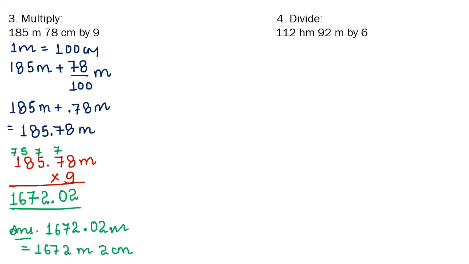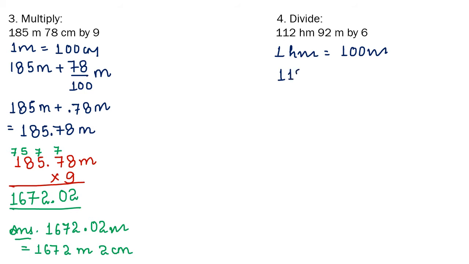Next question is divide 112 hectometer 92 meter by 6. So let us first convert this 112 hectometer 92 meter into hectometer. So 1 hectometer is equals to 100 meter. So divide 92 by 100 to get answer in hectometer.